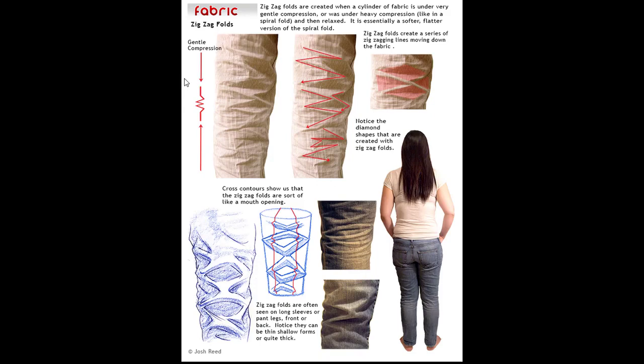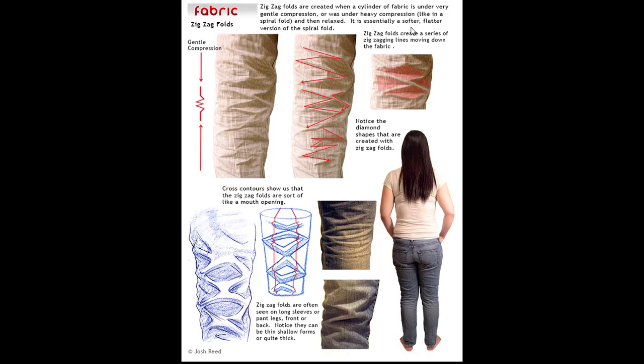Now this is very important on pants basically, and this is called zigzag fold, and this is, you can say, a low intense version of spiral folds. The zigzag folds are created when a cylinder of fabric is under very gentle compression, or was under heavy compression like in a spiral fold and then relaxed.